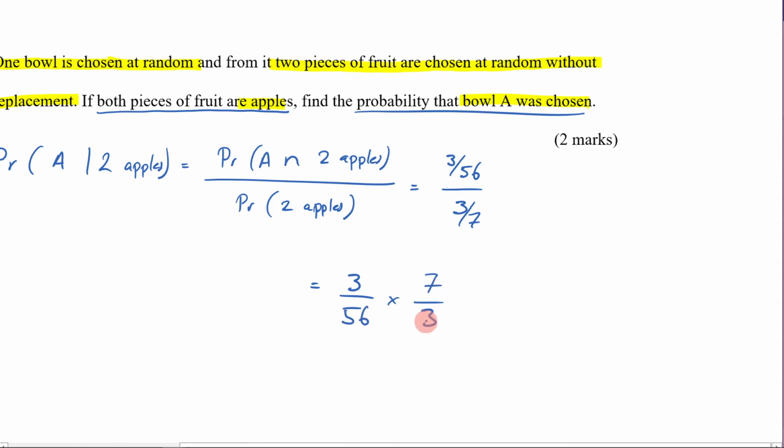So I flip this around. That 3 will cancel with that 3, which means I'm going to be left with 7 on 56. Make sure you simplify when you can, because that's going to be 1 on 8. And that's going to be my answer.